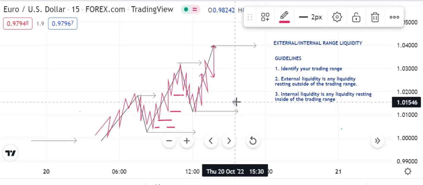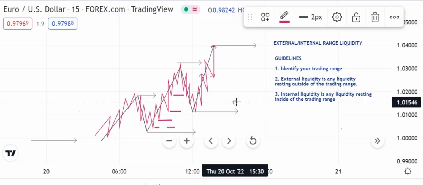The reason why price retraces is because the institutions want to refuel, and in trying to refuel before they move in their intended direction again, they want to take out retail trader stop losses, and the only way they can do that is through the internal liquidity.